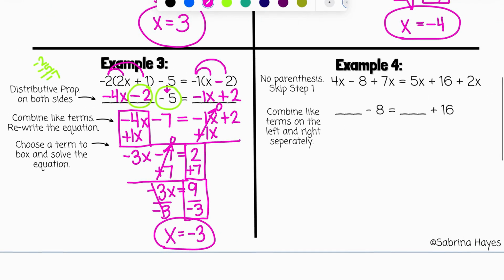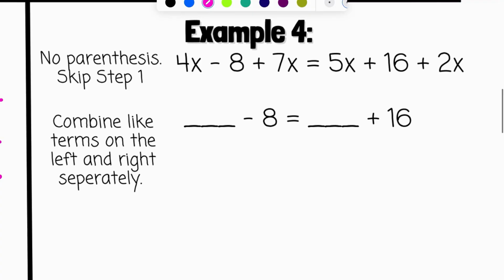All right, last example. If you look at this one, there are no parentheses, so we just skip on past step 1. Now we do need to look at our like terms. Look at just the left side. I have 4x plus 7x. Okay, 4 plus 7 gives you 11x.